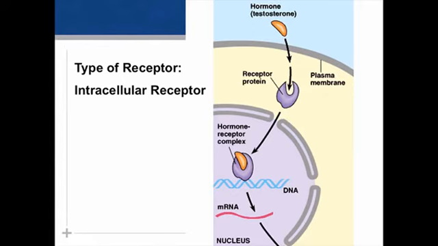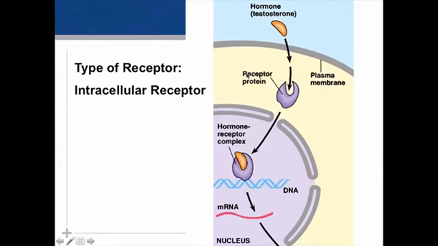These steroid hormones are typically lipids, like testosterone, and so it can diffuse through the membrane since that is a bilipid layer, where a protein hormone wouldn't be able to cross that membrane, and so it has a different type of receptor.